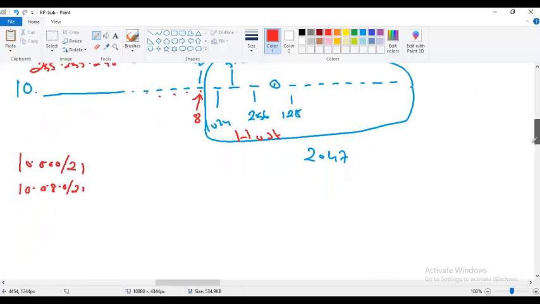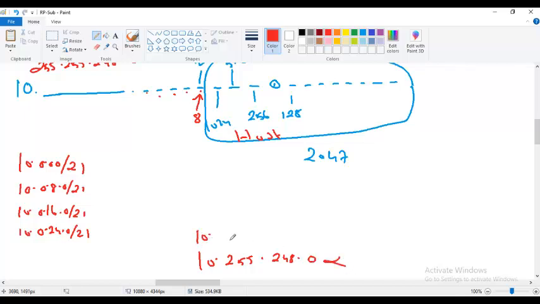10.0.16.0/21, 10.0.24.0/21. So first three we can write with this. Last three will be 10.255.248.0 we don't use. 10.255.240.0. Am I doing right or am I going wrong anywhere?